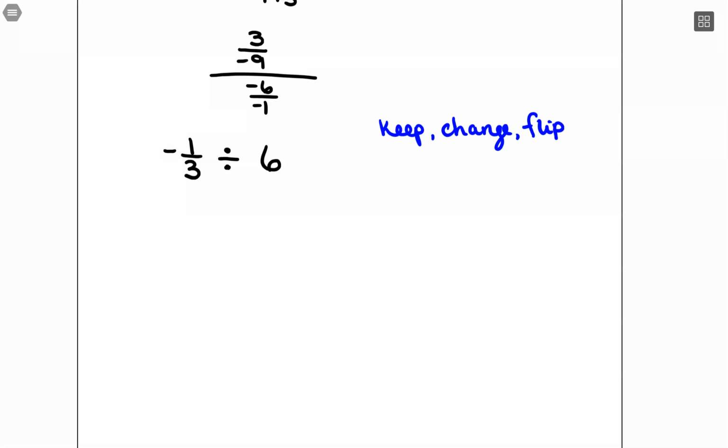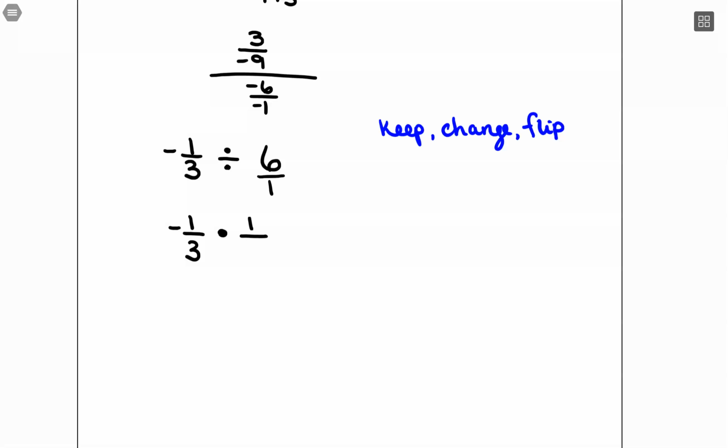Meaning, we keep the first piece so that negative 1/3 stays the same. Change the symbol, so where we have division, we're going to change that to multiplication, and then flip your number. So where this is 6 over 1, we're going to flip the numerator and denominator. So it's that division with fractions turns into multiplication with the reciprocal. That's the real terminology.